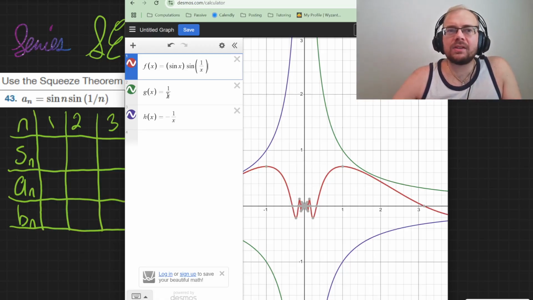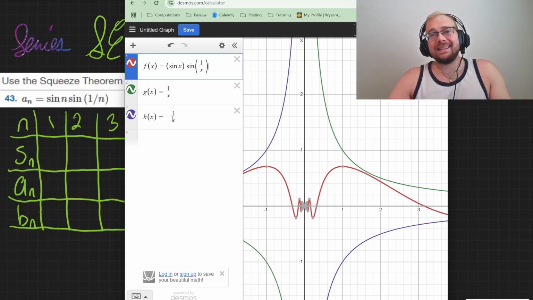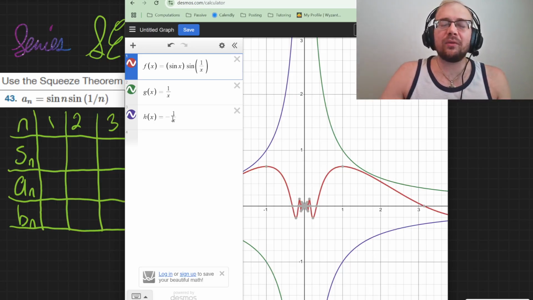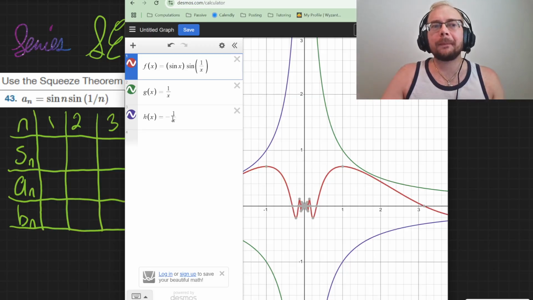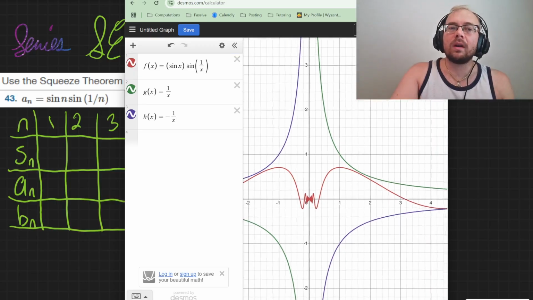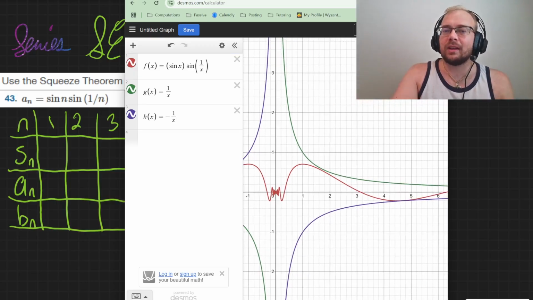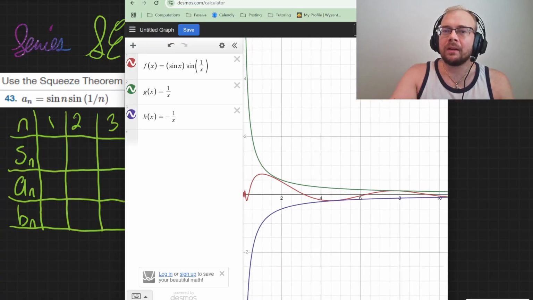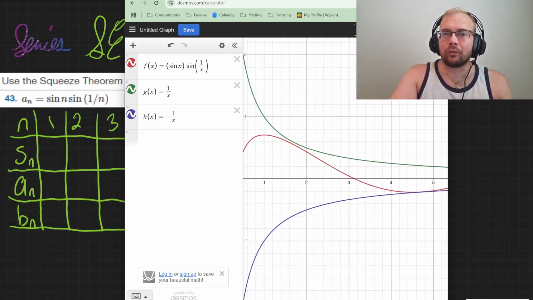And so I kept these in here from last time and the time before that, actually. And it looks like these work out pretty well. If the limit as n goes to infinity of a sub n is 0, or you think it's 0, then 1 over n and negative 1 over n actually have been coming in clutch for me here. And it looks like this works out really well, because check this out.